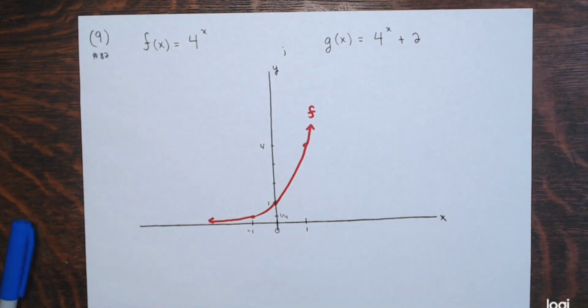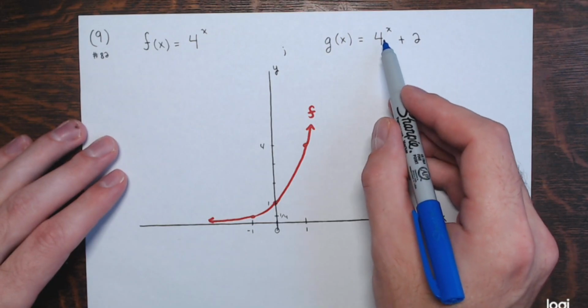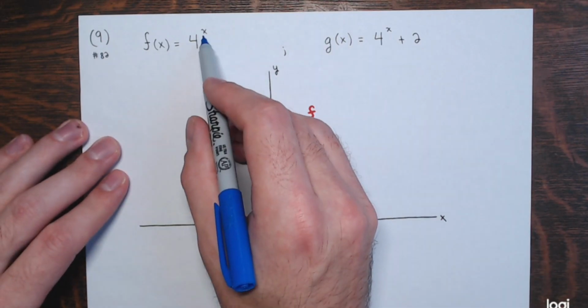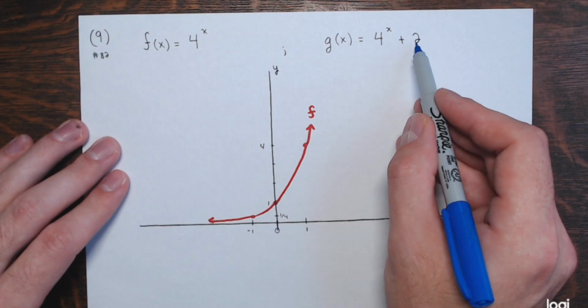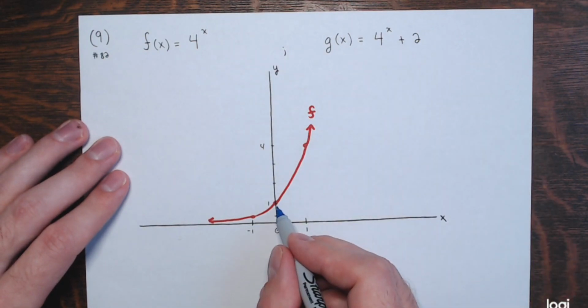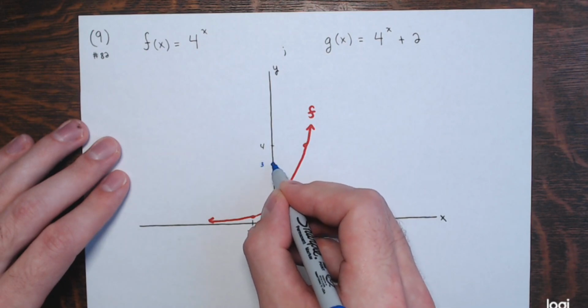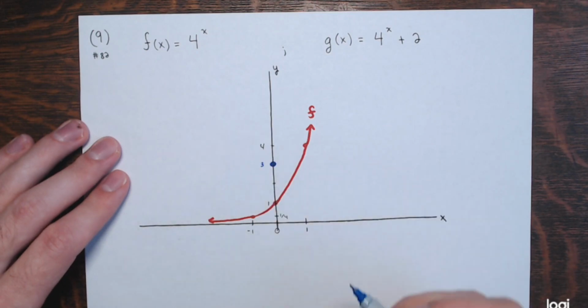Now for g, it just takes the graph of f. It takes 4 to the x, same thing as for f. And then you're just adding 2 to everything. So instead of 0, 1, you'd have 0, 3, 2 units above.